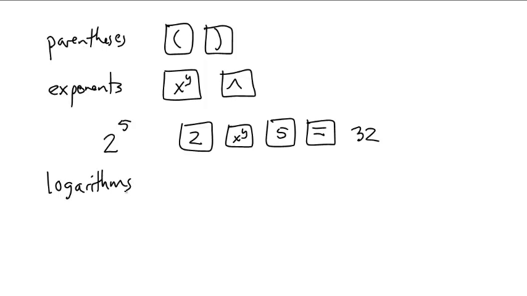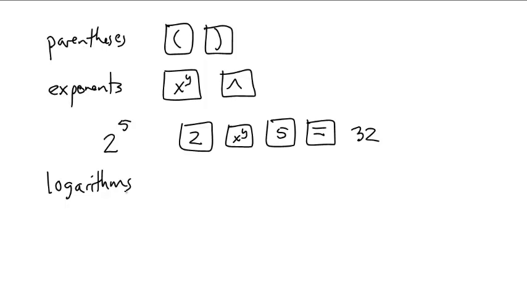This is the sort of thing that is going to drive the people with the expensive calculator nuts, because you're going to have to find where the logarithm button is. If you have the manual that came with your calculator, you might do that. In class, I will help you look for it. I'm not going to teach you how to use your calculator, but I will do my best. I don't know where they are on everything.